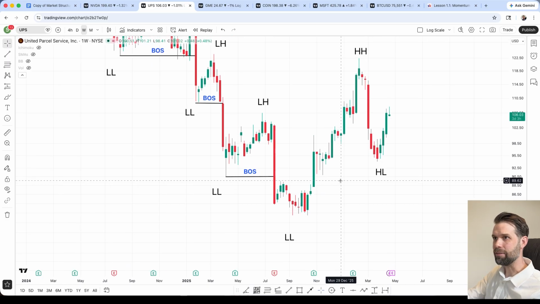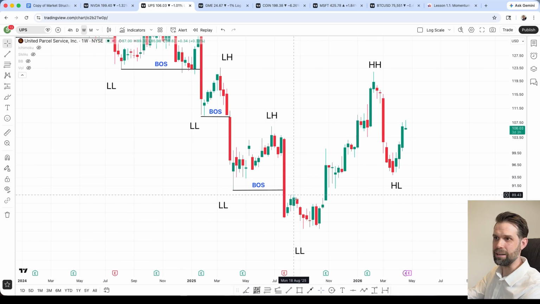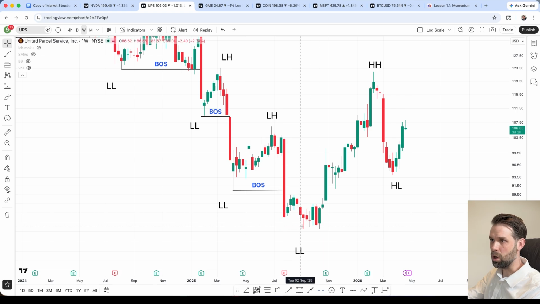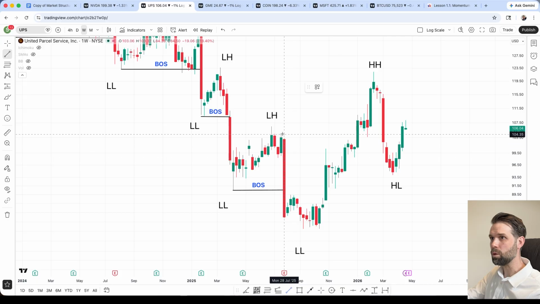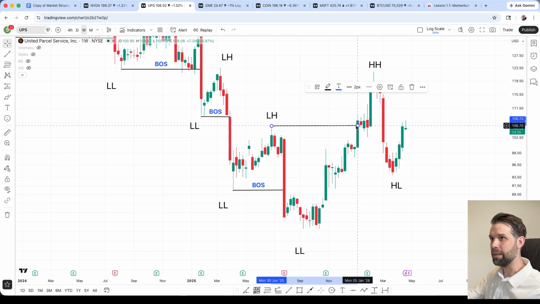Now, what we have here is something different. We no longer continue making lower lows. We actually start making a lower high. So this lower high right here is really important. And what do we get when we close a green candle above this one? We no longer make a break of structure.